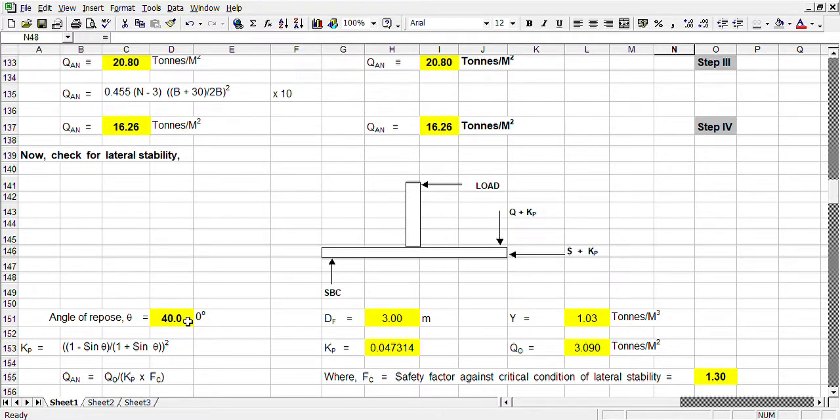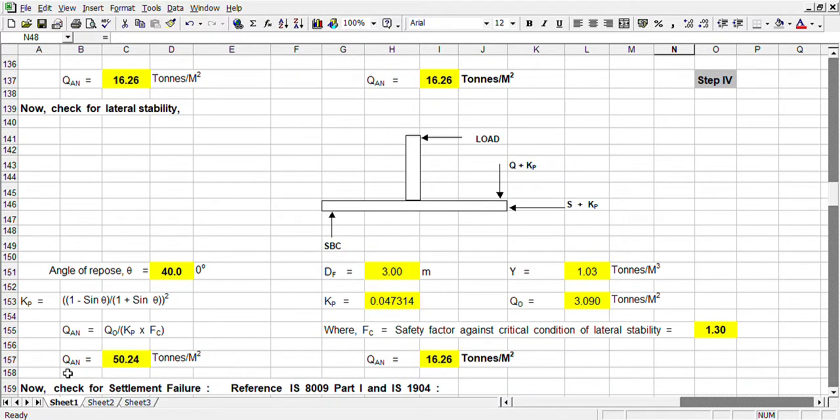But this 40 is derived. All these yellow marks are mostly derived. So from this equation, our SBC is coming 50 ton per meter square, which is much higher than the 16.26.